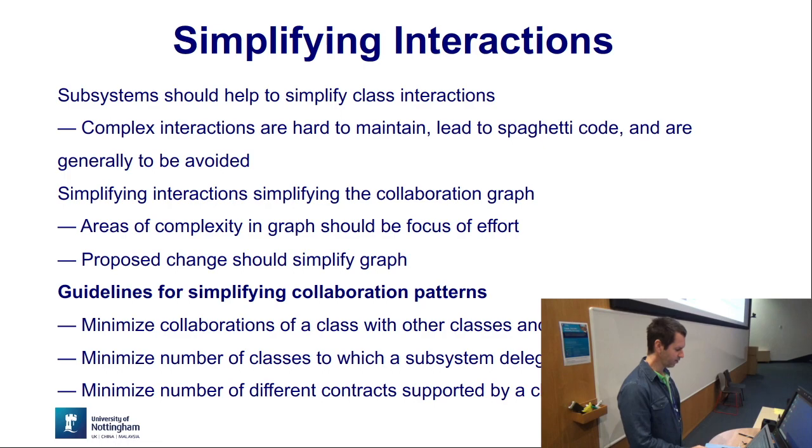So, guidelines for simplifying the collaboration patterns. We want to minimize collaborations of a class with other classes and subsystems. We want to minimize the number of classes to which a subsystem delegates. And we want to minimize the number of different contracts supported by a class or a subsystem. That's to simplify the patterns of communication.